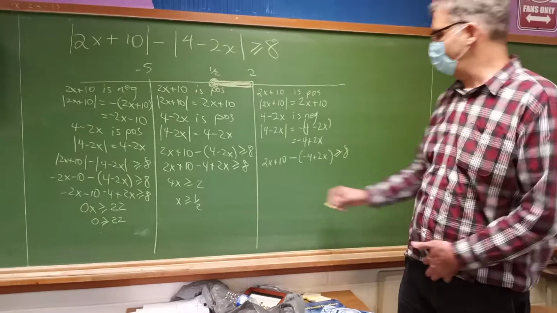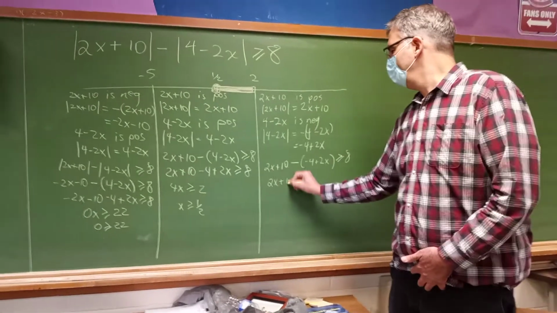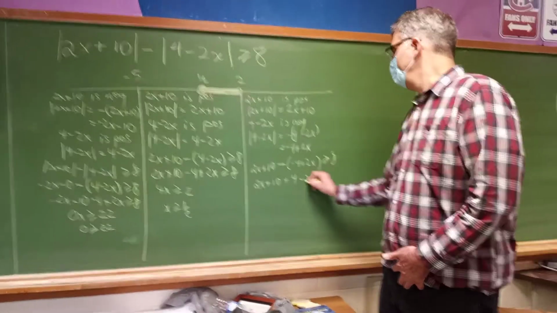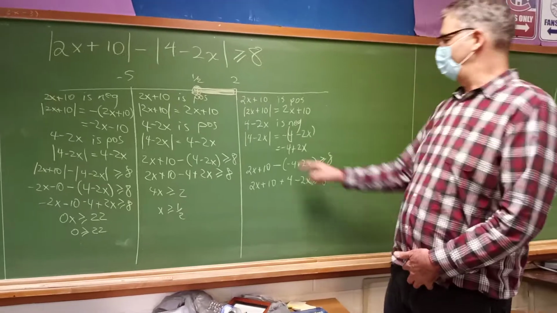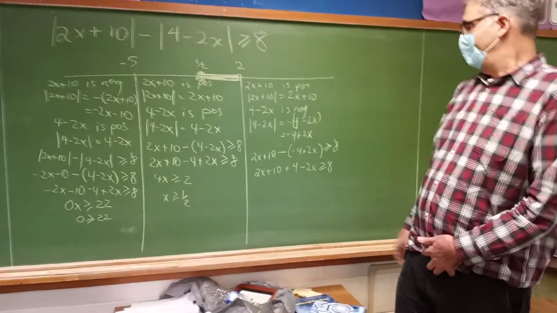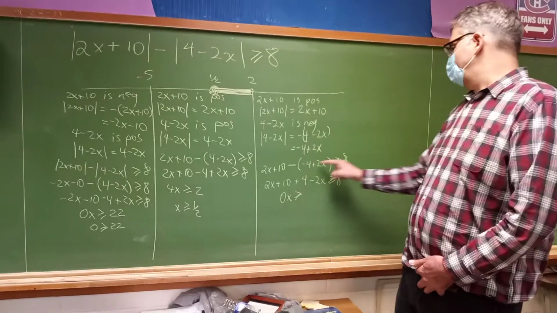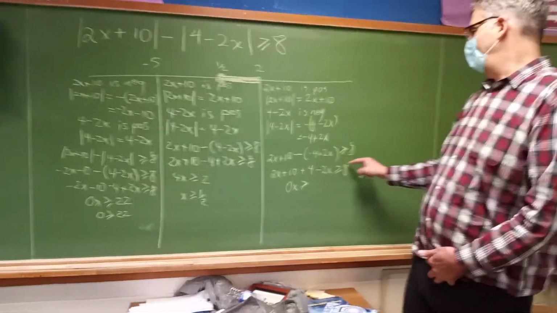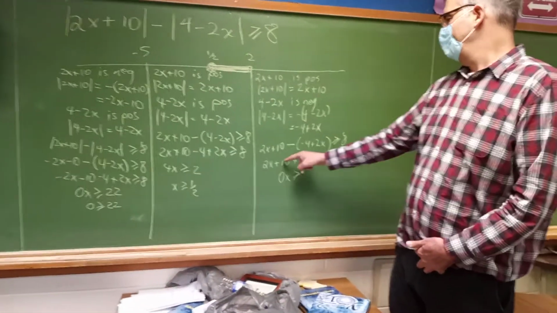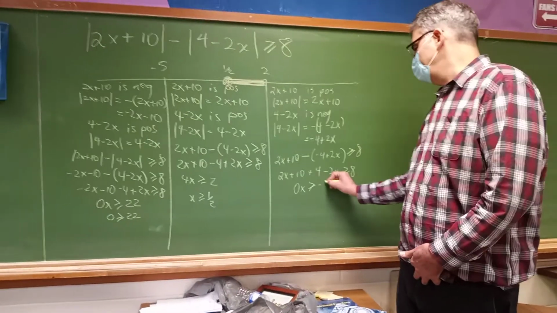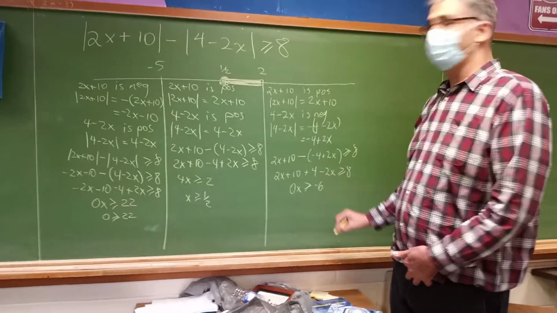And now I just solve it. I distribute the minus sign, and what I end up with is 0x greater than or equal to 8 minus 4 is 4, 4 minus 10 is negative 6. I get 0x greater than or equal to negative 6.